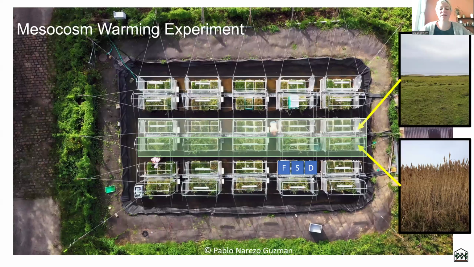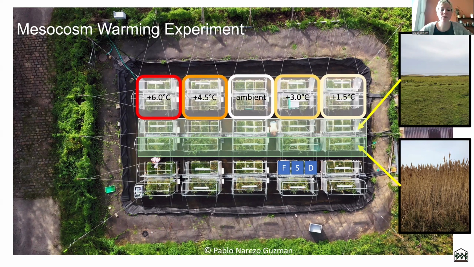So what we did, we took the different soil enrichments as soil blocks from Finland, Sweden, and Denmark, and transplanted them into the mesocosm experiment, into a pool here. And we considered both the grazed communities and the ungrazed communities. Grazed ones are usually dominated by halophytes, and the ungrazed by reed beds dominated by Phragmites. And then we added, in a block design, also the different warming treatments.